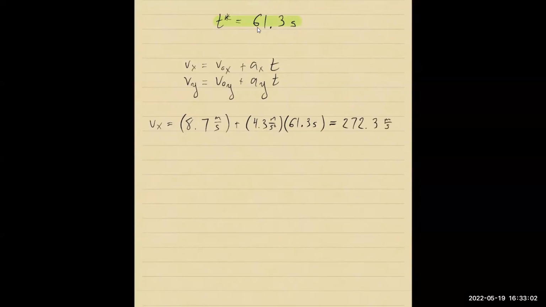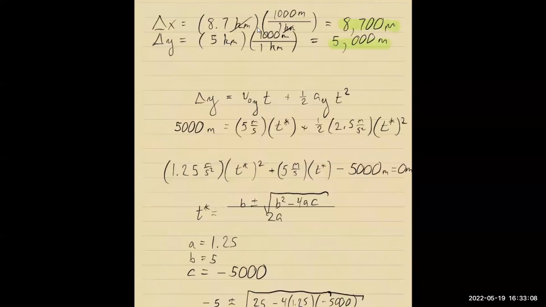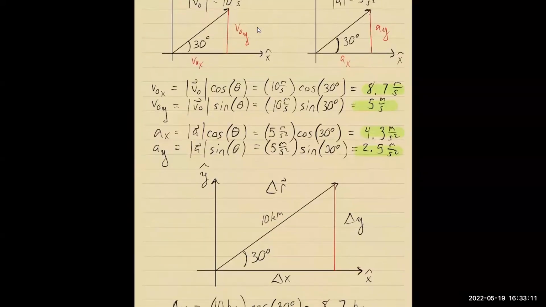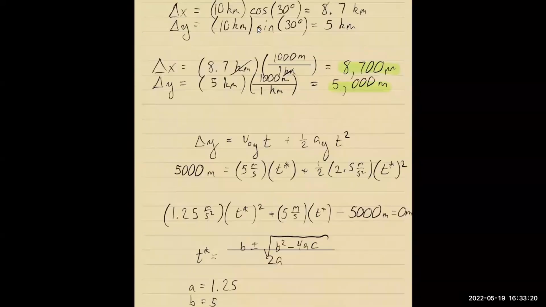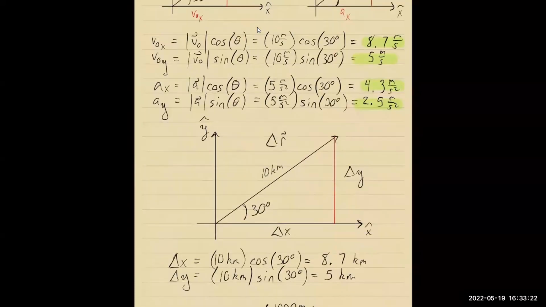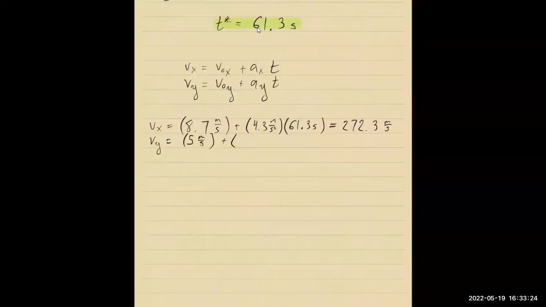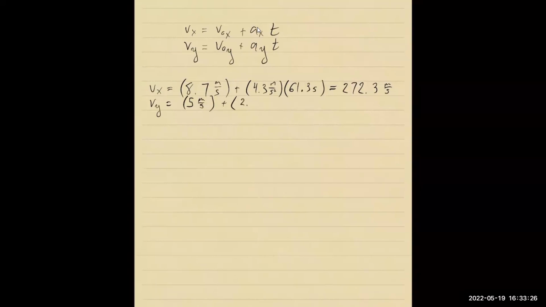meters per second. And for the y component of our final velocity, we have the initial y component of our velocity vector, which is 5 meters per second, plus our acceleration in the y direction, which is 2.5 meters per second squared, multiplied by how long it takes us to drive that far, which is 61.3 seconds.